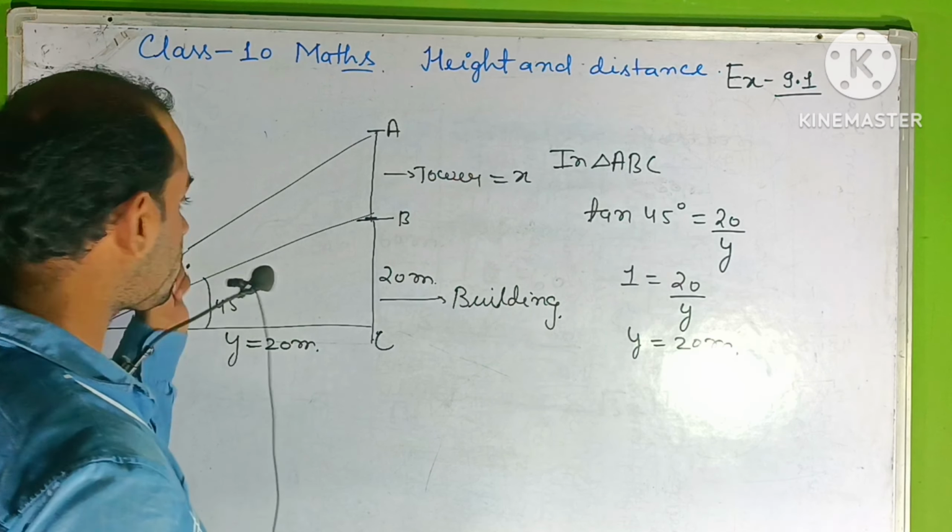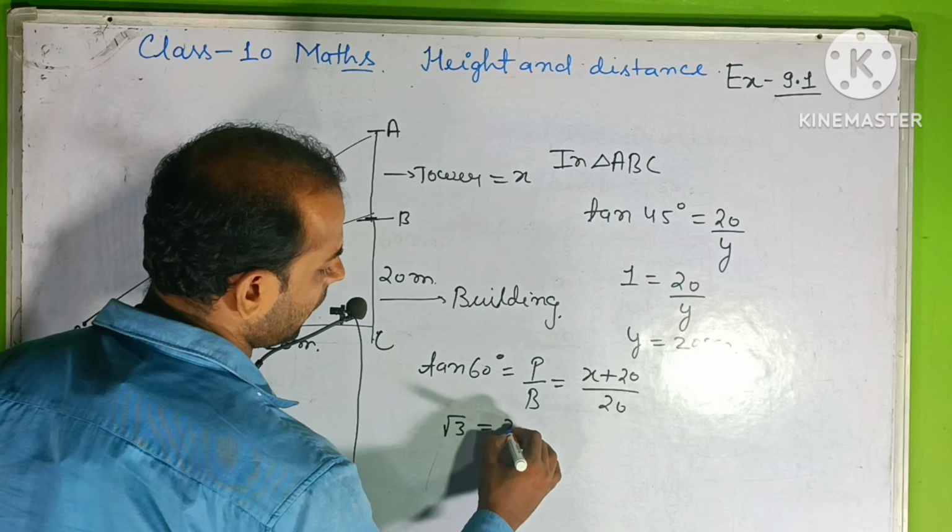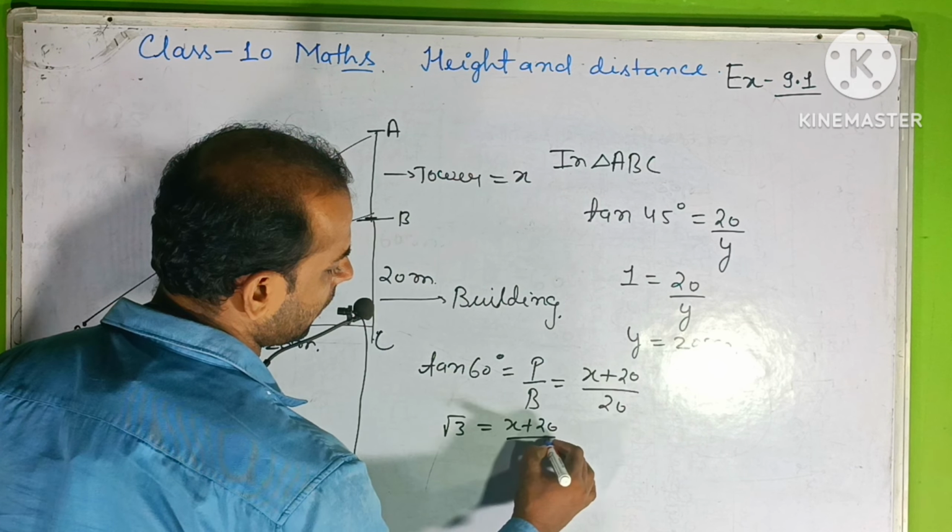Now see, now we will take the bigger one. Tan 60 degrees is equal to perpendicular upon base, that is equal to (x plus 20) upon 20. I think the value of tan 60 you all know is root 3, so root 3 is equal to (x plus 20) upon 20.